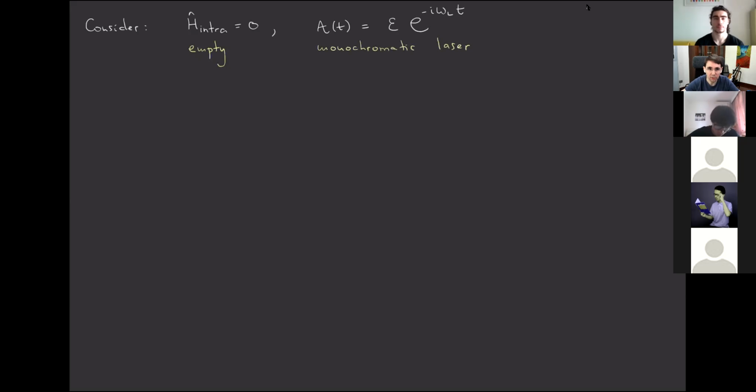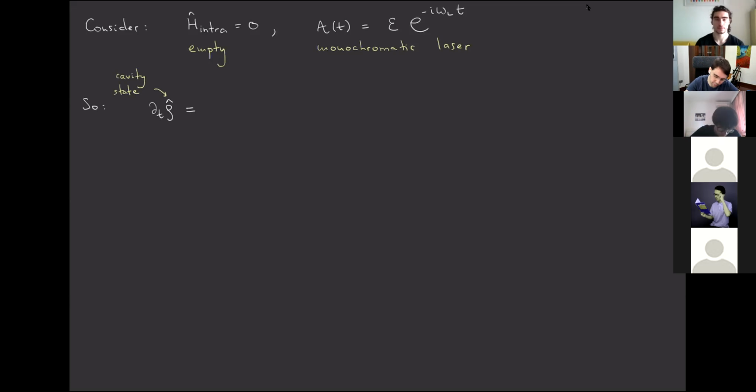Okay, so let me then write down the master equation. Just to remind you, the master equation for the state of the cavity. I will not write the subindex cavity, because we will not be working with anything that is not the cavity anymore.